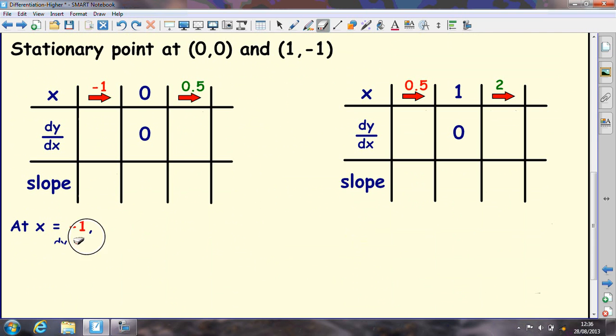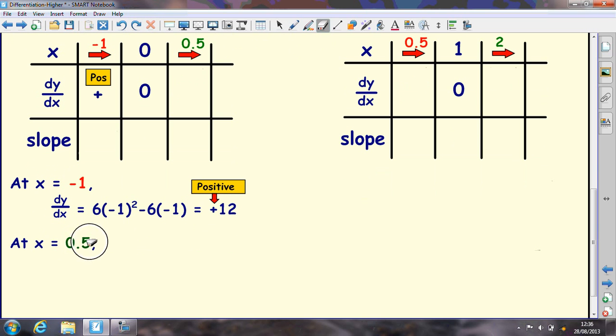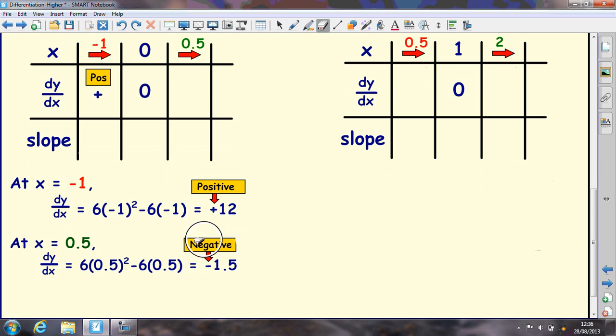So x is negative 1, so dy by dx equals 6 times negative 1 squared, and so on, and that comes out at positive 12, so that's positive. At 0.5, we'll substitute it in, and that comes out at negative 1.5. So we have a negative. So that's an upward slope, and then the stationary point, and then a downward slope.